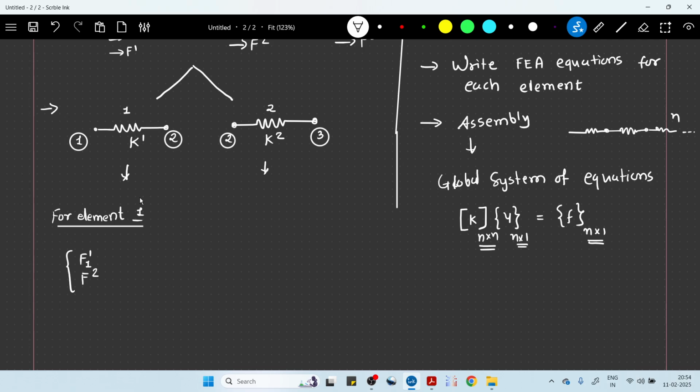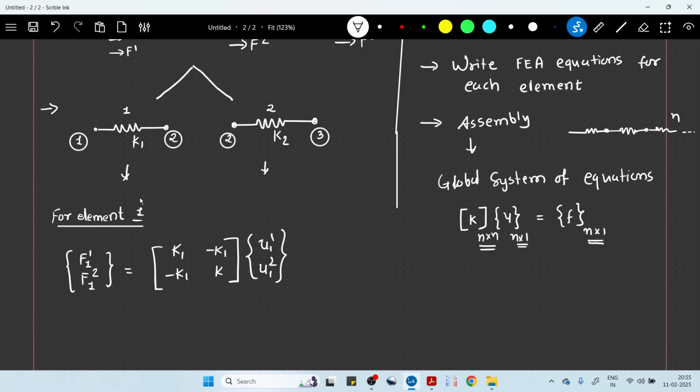So f1 of element 1, f2 of element 1, is equal to the stiffness matrix k1, minus k1, minus k1, k1, times the displacement vector u1, u2 for element number 1.